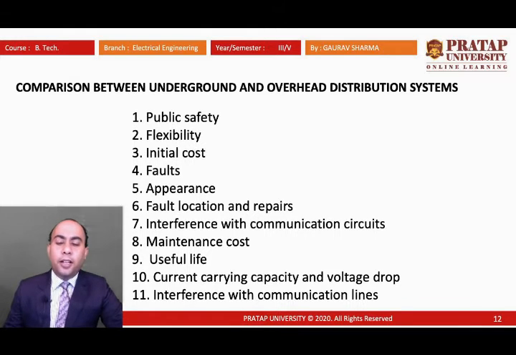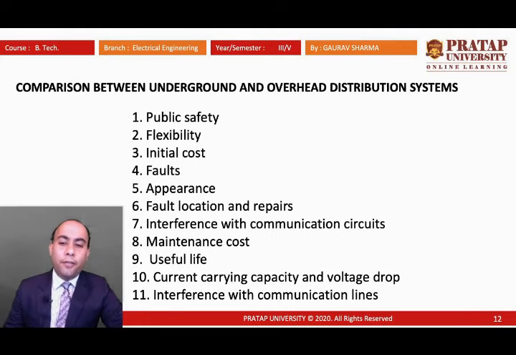And the appearance, definitely the underground system looks very good, and the overhead system looks very messy. The fault location and repair, I already told, is easy in the overhead distribution system, and the underground system is very difficult.